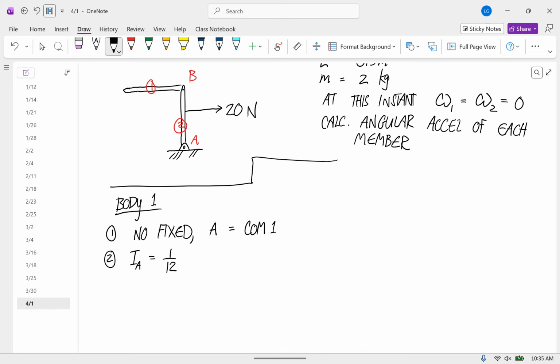So this is 1/12 times the mass of two times the square of the length. And so that is 1/6, so that is 0.16 repeating.